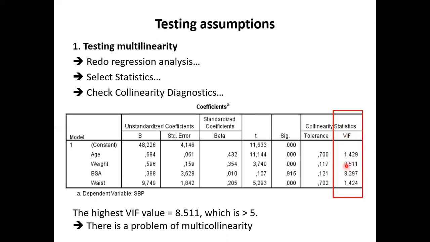What's the highest value here? 8.5. Is it more than 5? Yes. Our criteria: below 5, no problem; 5 to 10, some problem; more than 10, serious problem. So here you can see there is a problem of multicollinearity.